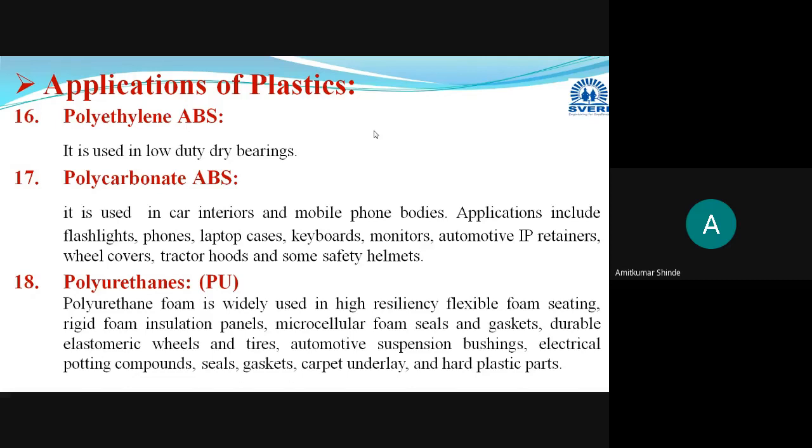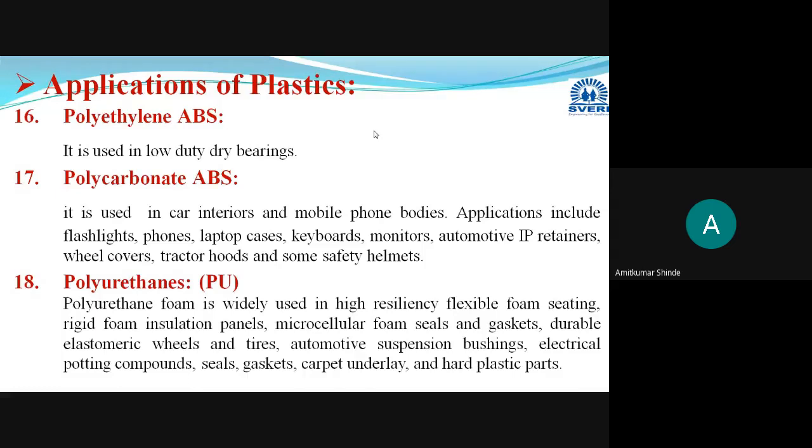And after that, we have discussed the applications. One more point I forgot: we have also completed the concept of monomer, polymer, and polymerization along with their types like addition polymerization, condensation polymerization, copolymerization, and coordination polymerization. So in this way, we have completed this first chapter.